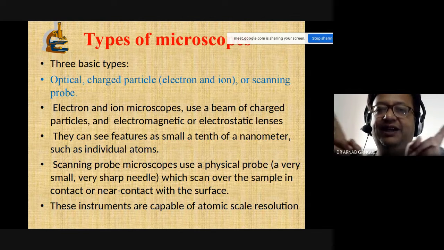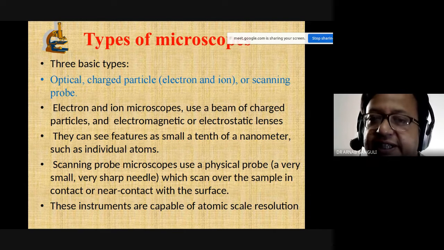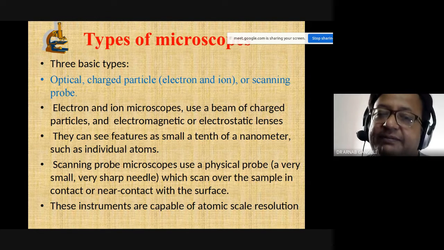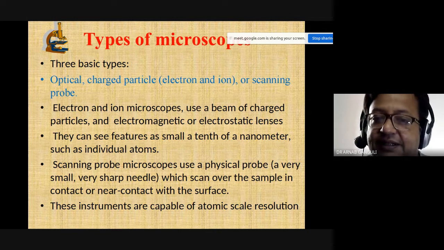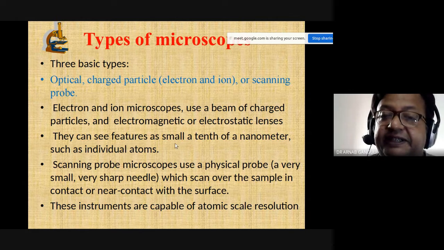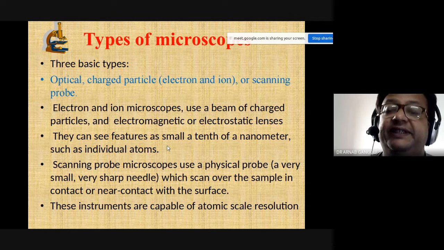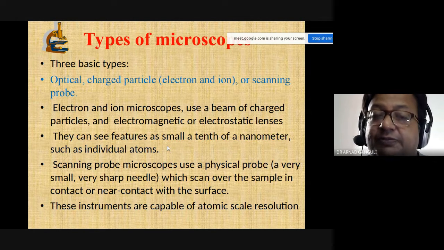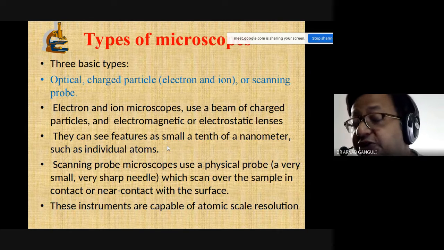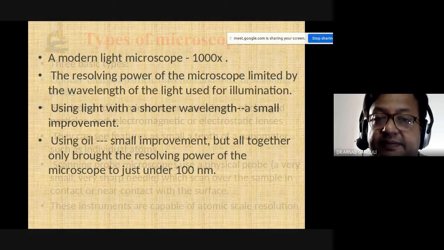You have an electromagnetic field, and this field generator is the condenser, which condenses the electron beams and makes them behave like light. They can see features as small as a tenth of a nanometer, such as individual atoms. At least large molecules, protein molecules, can be very clearly seen.